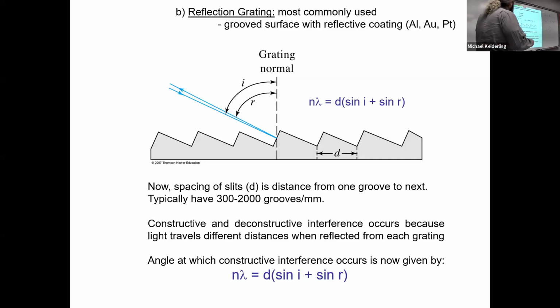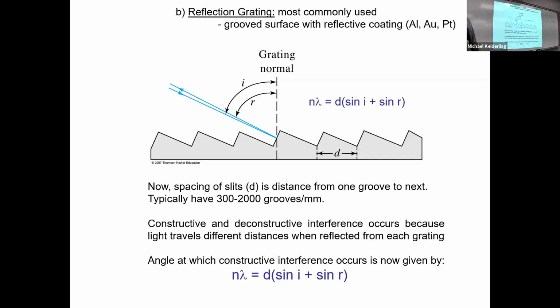So the spacing of slits is the distance from one groove to the next, typically from 300 to 2,000 grooves per millimeter. And you get constructive or destructive interference because light travels different distances when reflected from each groove. And the angle at which constructive interference occurs is now given by n times the wavelength equals the distance times the sum of the sines of the two angles.